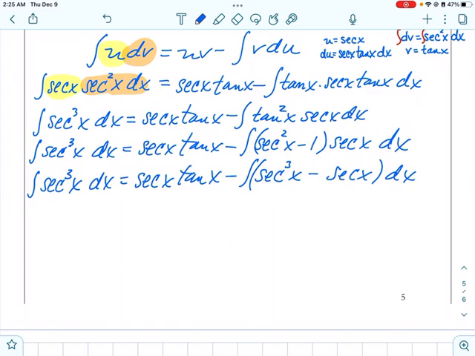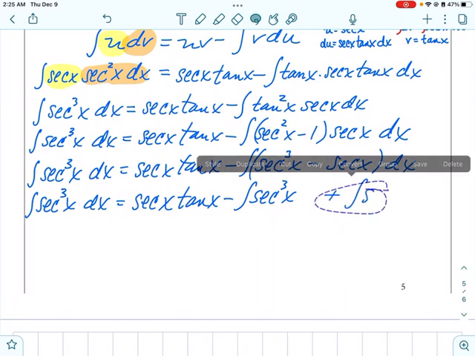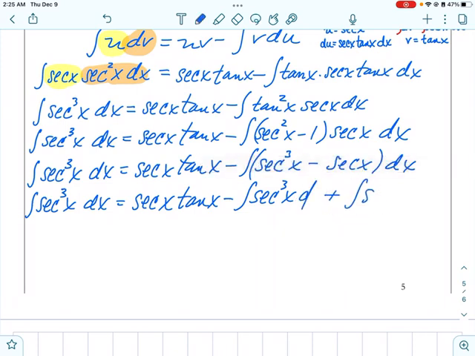So we have the integral of secant cubed x dx, and this is similar to one that you have dealt with recently: secant x tan x minus the integral of secant cubed x dx, plus the integral of secant x dx. Now there is a little trick when you do the integral of secant, but it's not really that big of a deal. We can get to it.